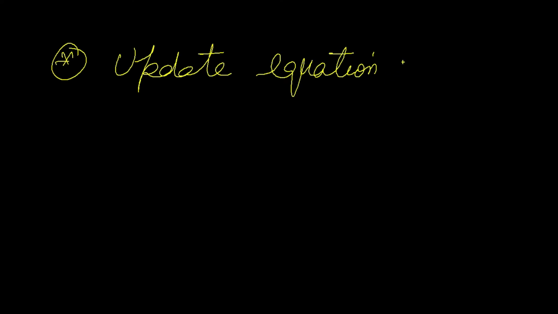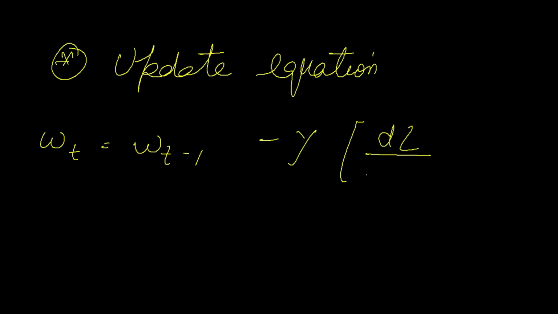This is the most important equation for gradient descent, that is w t equals w t minus 1 minus gamma times d of L d of w at w t minus 1, where gamma is the learning rate.